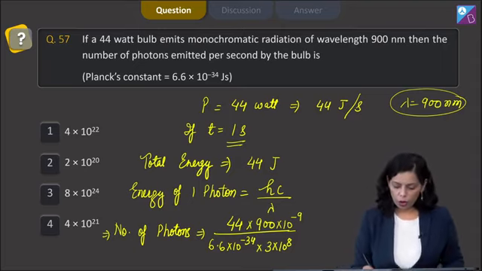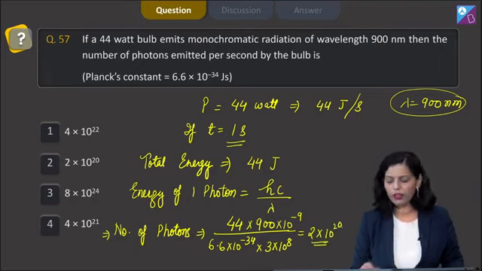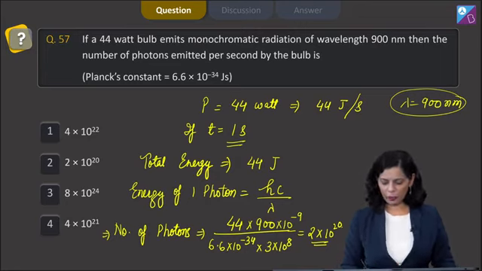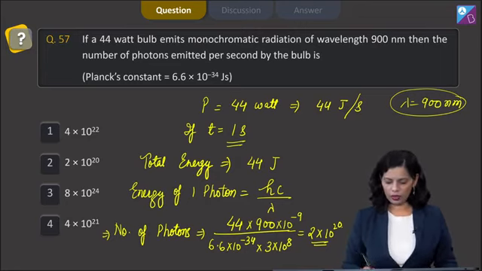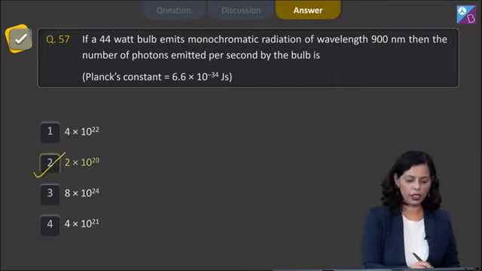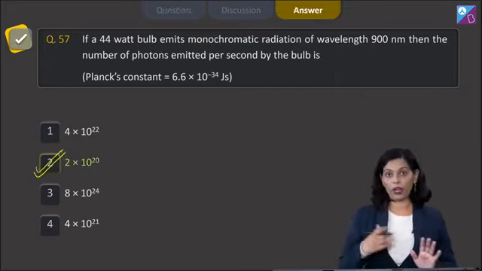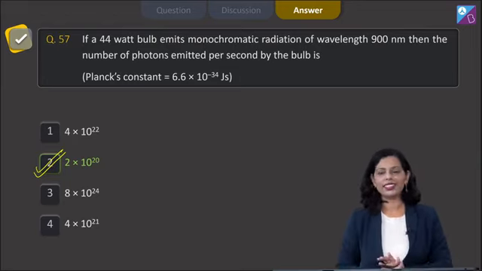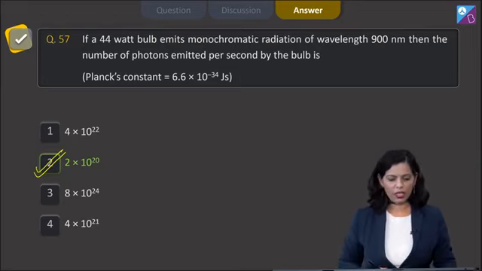Then if you solve the value, you will be fine. You will get 2 into 10 raised to the power 20 as your final answer. Done. The answer for this particular question is given in option 2, and if you have chosen that, this is your correct answer.